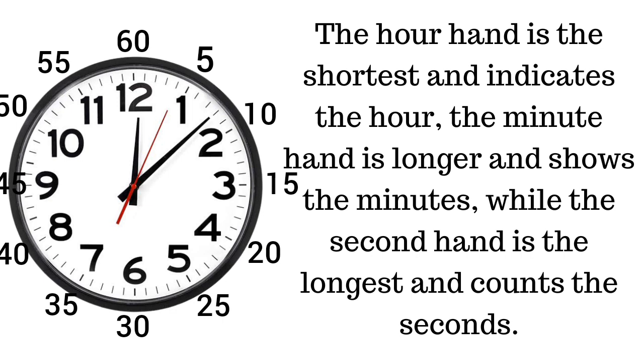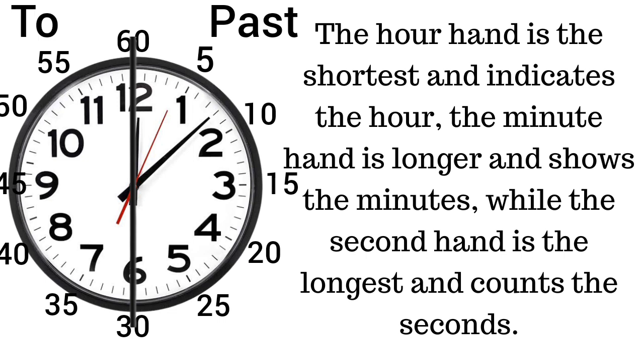When a clock is divided into two, by drawing a line from 12 to 6, we can share the clock into two equal parts. The right side is the past, all the minutes past the last hour, while the left side gives us the number of minutes to the next hour.